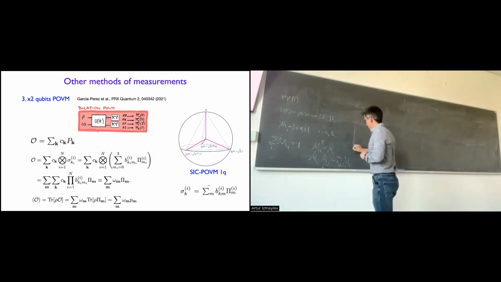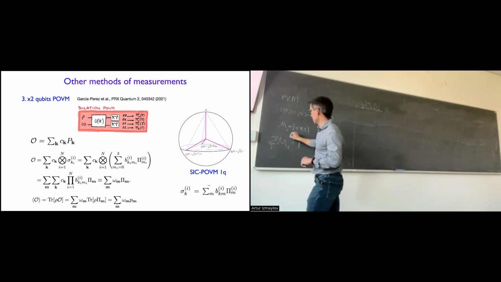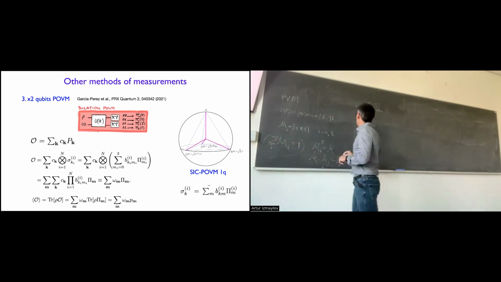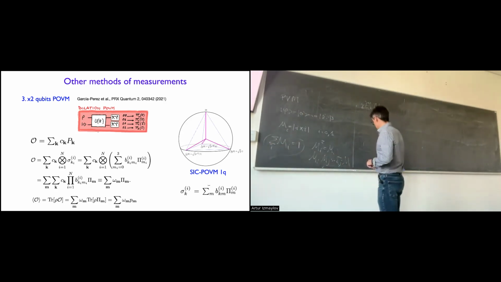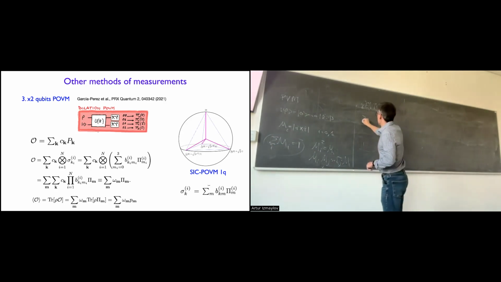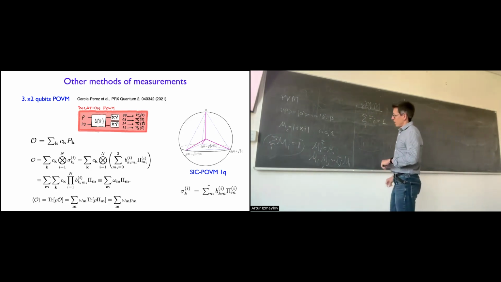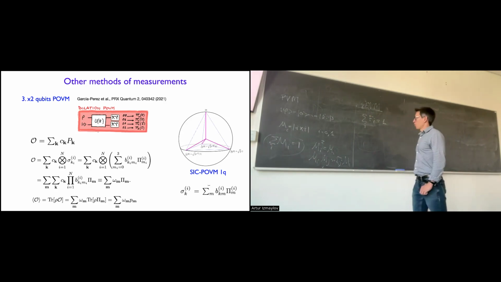Now POVM is a generalization of that, with the sum condition still satisfied. We have to call the operators differently, let's say Fi, which is a notation from Wikipedia. The Fi's are projectors, but they're not orthogonal.